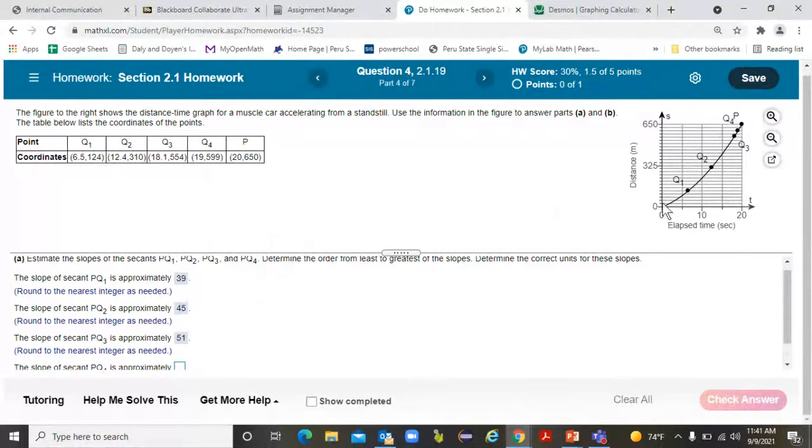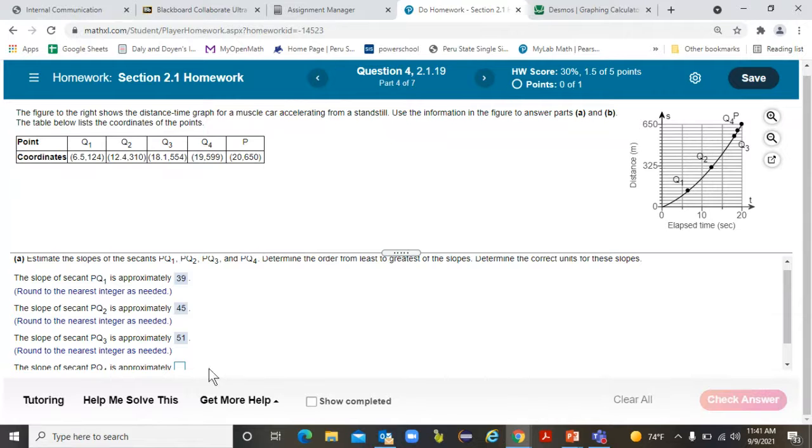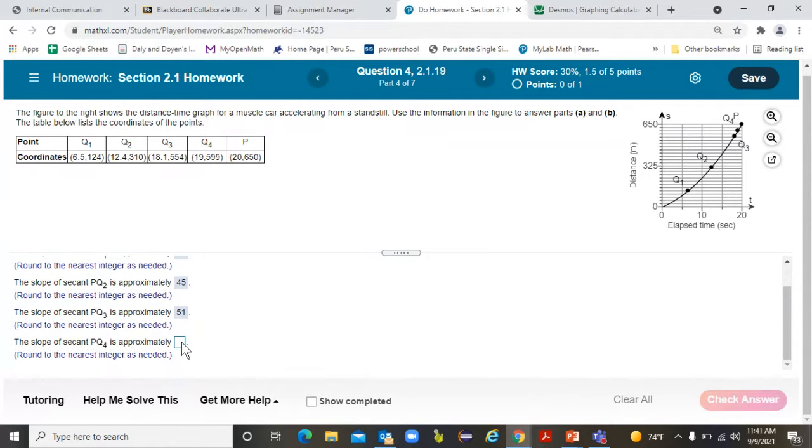Which makes sense, right? You slam on the gas, so he starts off a little bit slower, and then he's getting faster as he goes. The average on the whole thing was 39. The second half is 45. The last third is 51 meters per second.